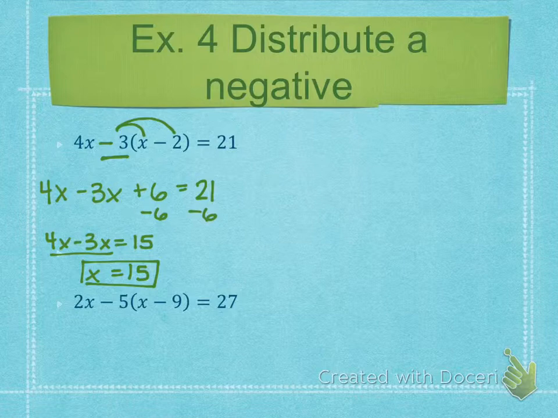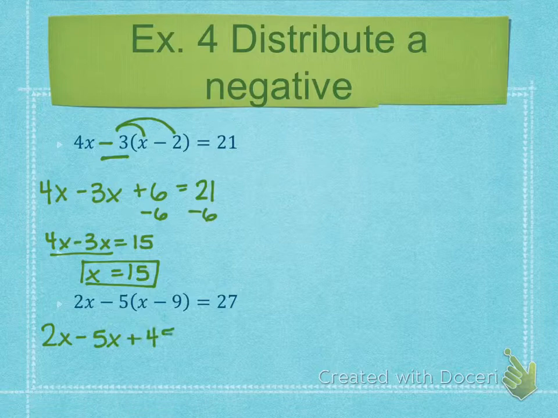Okay? So, this next problem right here. I want you guys to do this one on your own. I want everyone to work on this next problem on their own. All right, so let's see here. Jason, what would I do first in this next problem? Distributive property. So, read me out what I'm going to get. 2x minus 5x plus 45 equals 27.